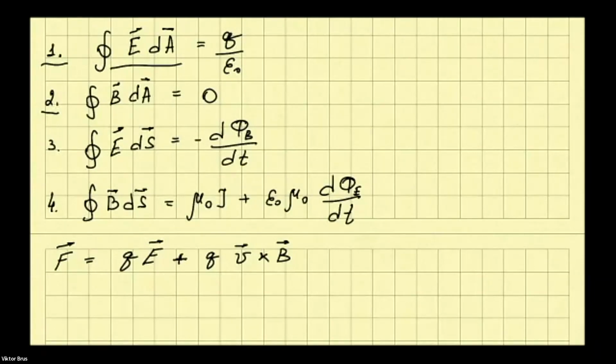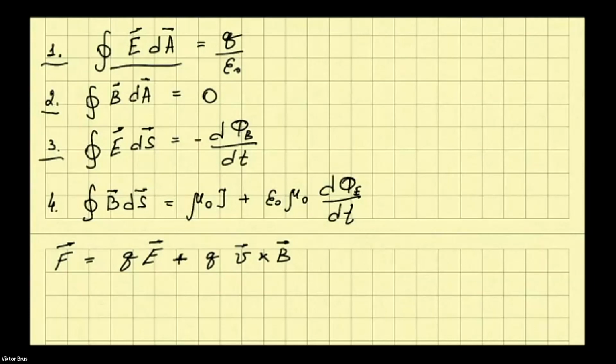Now we proceed further. This is equation 3. We discussed this equation not so long ago, maybe a few weeks ago, and it stands for Faraday's law. So it defines the relationship between the electric field, the induced electric field, and the time-varying magnetic field, in particular here the time-varying magnetic field flux.